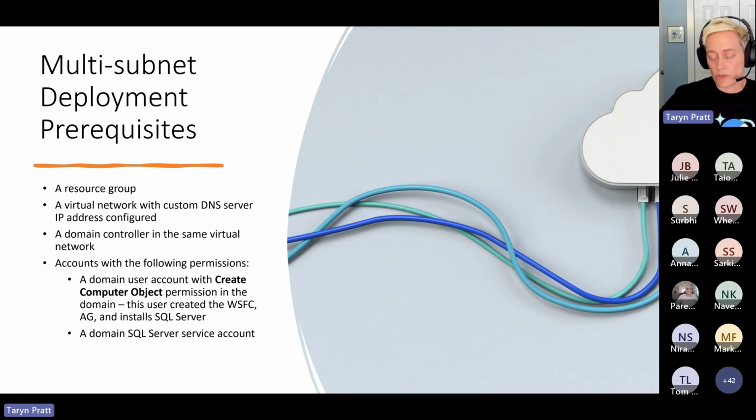You have to have a domain user account with create computer object permissions. This is the account that's going to create your Windows Server failover cluster as well as the AG, and does the installation of SQL Server. And lastly, you have to have a domain SQL Server account, whatever it is that you typically use. Most companies have both of these available when they're setting up their infrastructure. That's what you need in order to make sure that everything is ready to go.